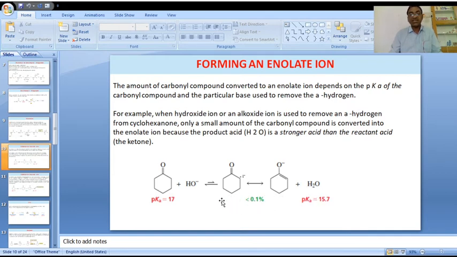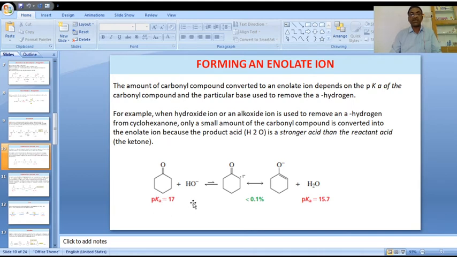In that case we should use a strong, suitable base for this enolate ion formation to get more yield. The starting compound cyclohexanone has a higher pKa value.